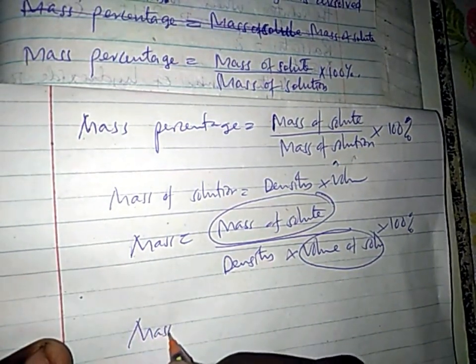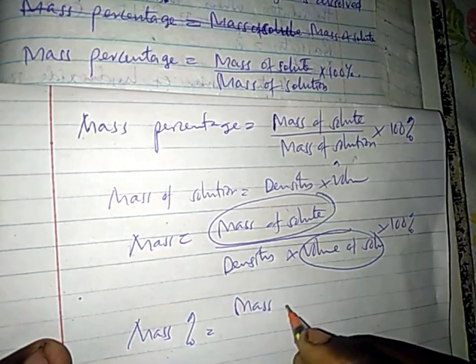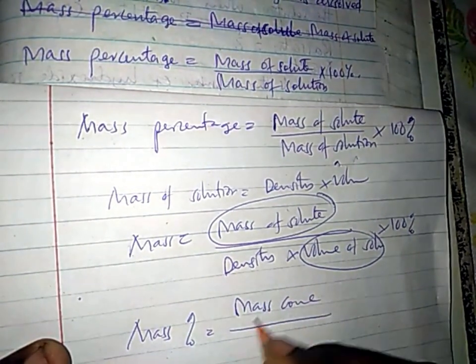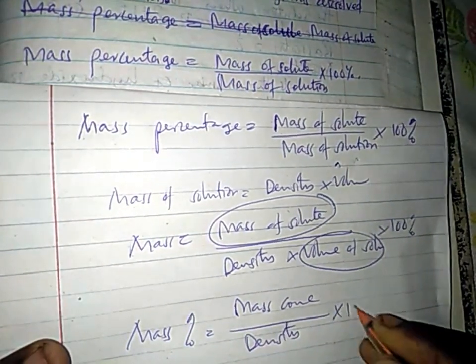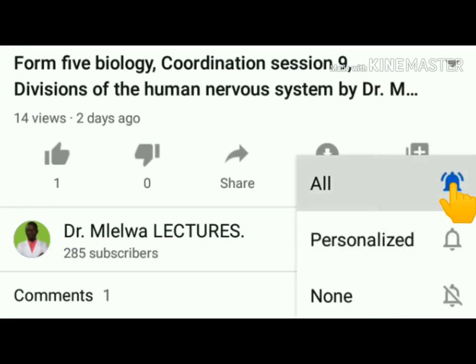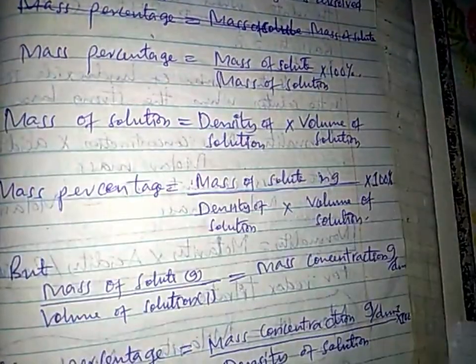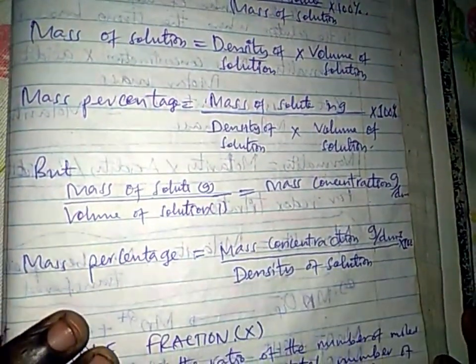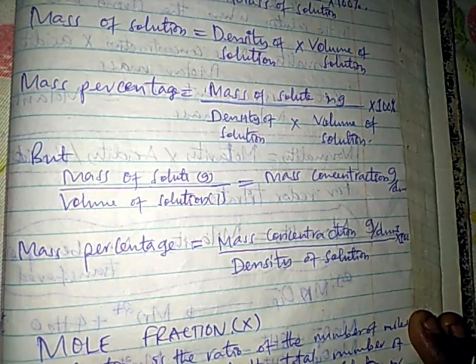Now mass percentage is equal to mass concentration divided by density of solution times 100%.